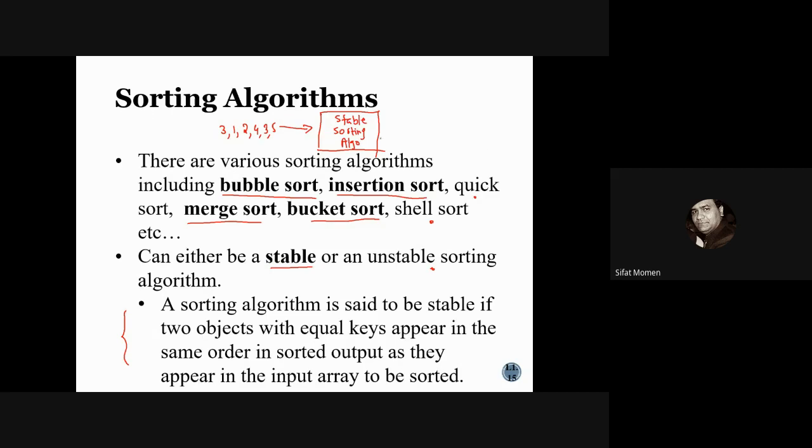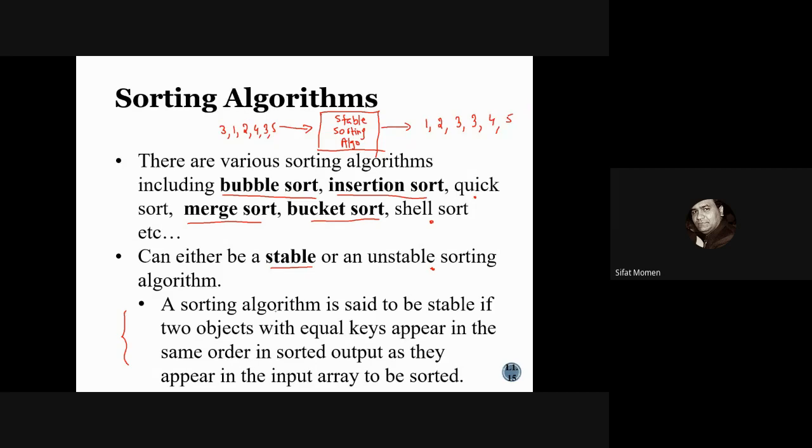So tell me, what output sequence would it produce? 1, 2, 3, 3, 4, 5. Correct? Okay. Now there is an interesting thing to see here.